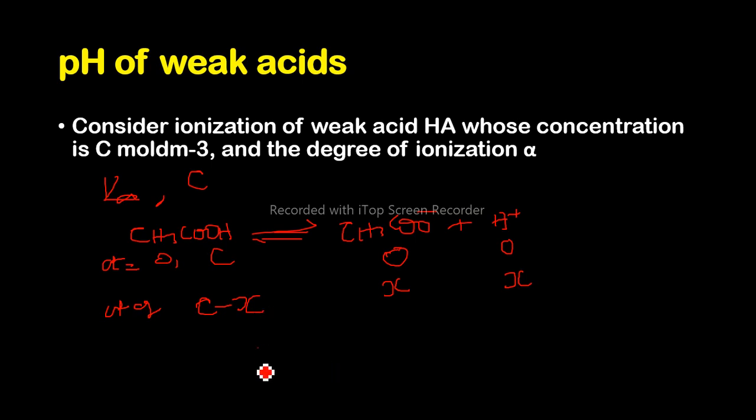Okay? So from Ka, we can determine the concentration of hydrogen ions squared. Why am I saying squared?